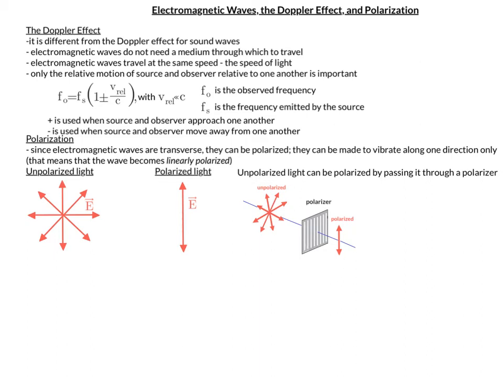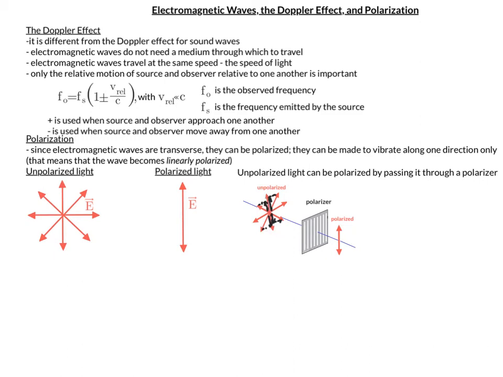But remember that the electric field is a vector. So that means that we can project these electric fields onto the axis of polarization. So we're going to have a component here, and a component there, and a component here, and one there. So even these electric fields are going to have a component that is in that direction.